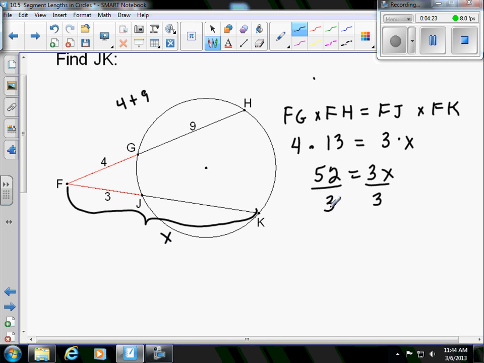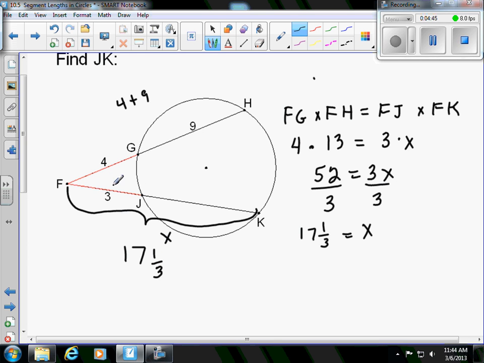Divide everything by 3, and we get that x is equal to 52 divided by 3, which gives you 17 and a third, or 17.3 repeating.